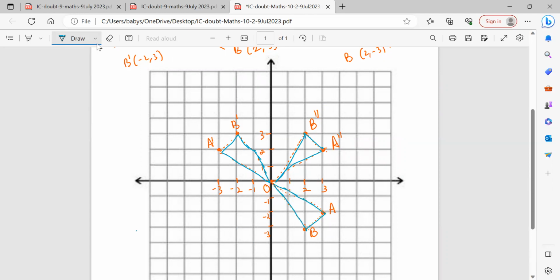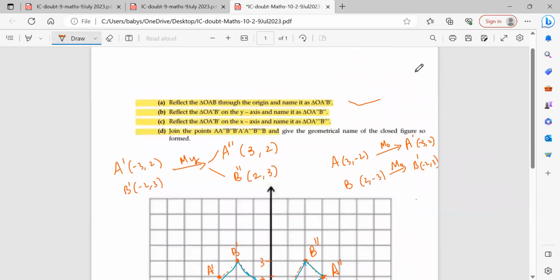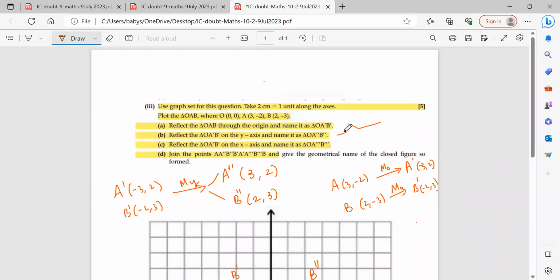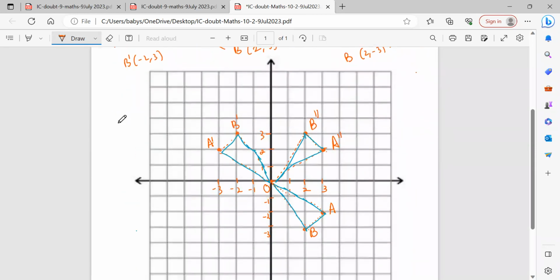Okay, let's get back to the points. We covered option B as well. Now, you have to reflect O, A dash, B dash on the x-axis, isn't it? See, A dash is minus 3, comma 2.